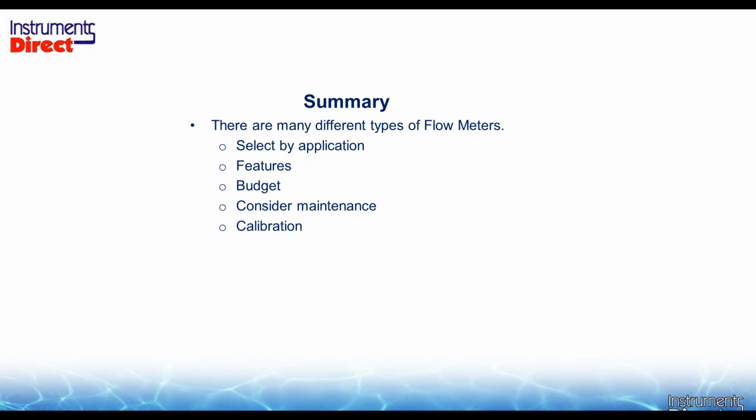So what do we learn? We learned that there's a whole bunch of flow meters that you can use in the water and wastewater industry, and you need to look at the specific application and select the right device with the specifications for your particular application.